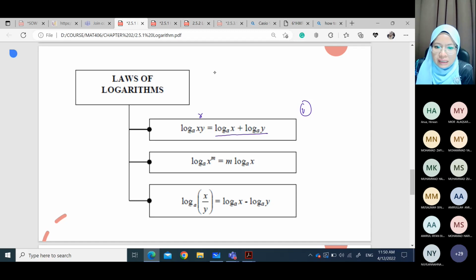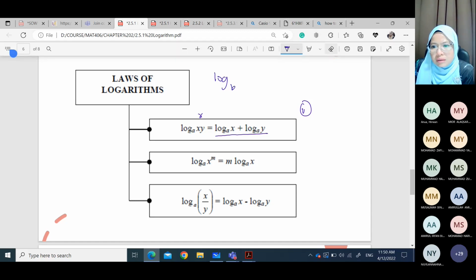Okay, contoh lain, katakan kita ada log, kita ambil nilai lah. Katakan kita ada log 2, 2 times 3, 2 darab 3. So it is equivalent with log 2 base 2. So the value here is 2, nilai dia 2, plus log 2 3.